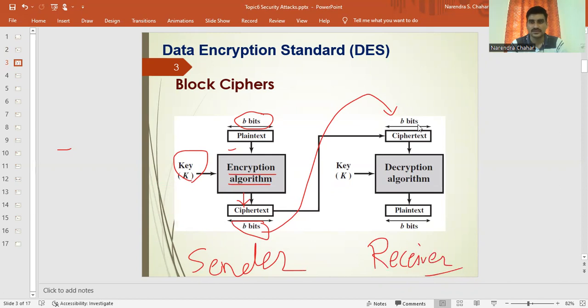When we see b bits of ciphertext received at the end of the receiver, by applying the same key k, the decryption algorithm is performed and it is converted to plain text. So the plain text will come of b bits here. So the same number of bits will be in the plain text and ciphertext while using block ciphers.